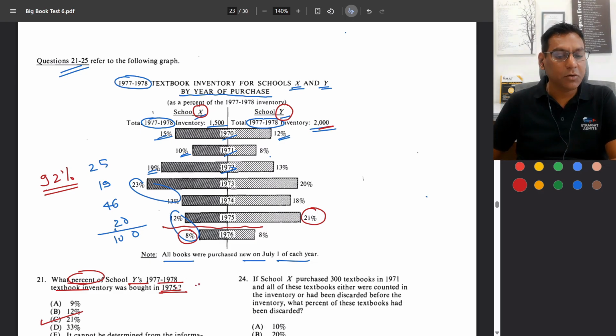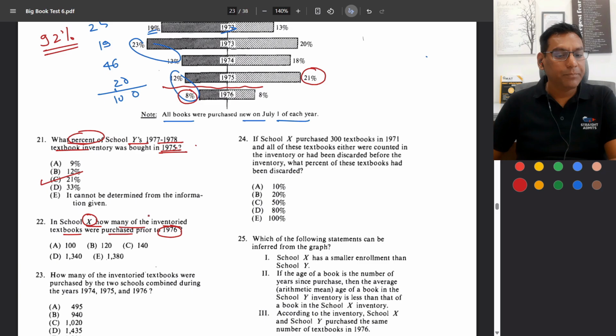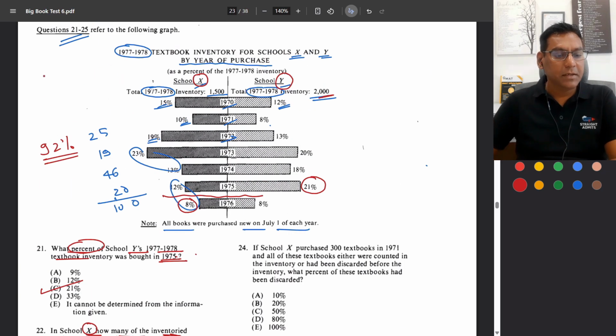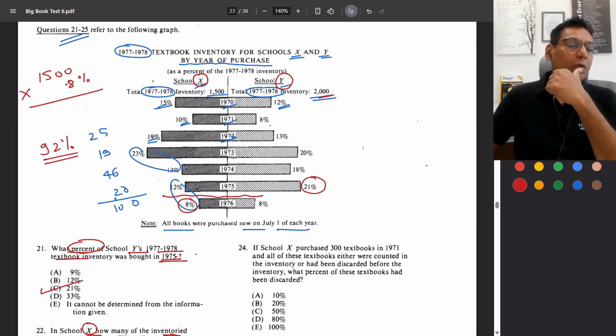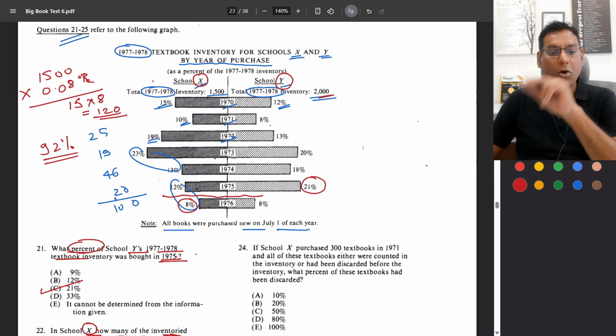Do I need percent or actual number? I need the actual number. Out of 1500, only 8% was bought in 1976, which I can write as 0.08. So I'm looking for 15 into 8, which is 120. 120 were bought in 1976.